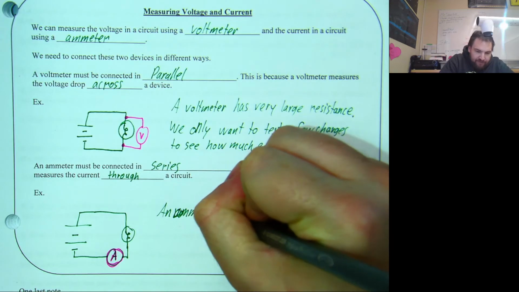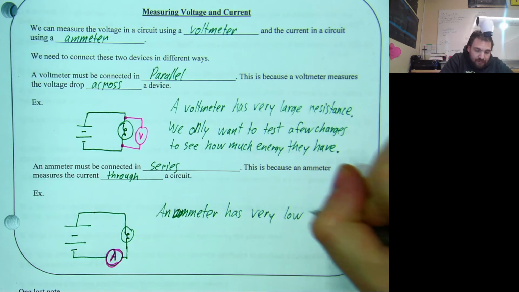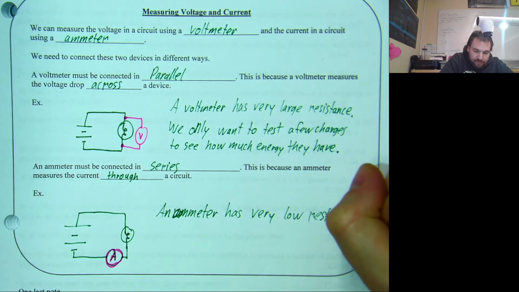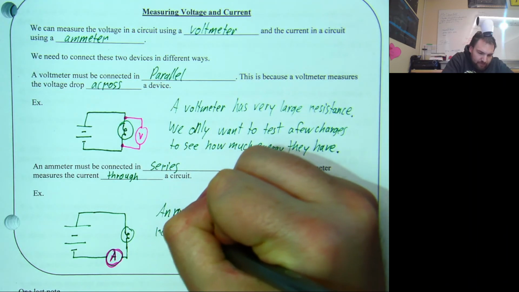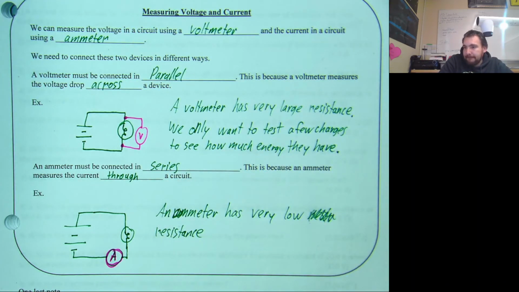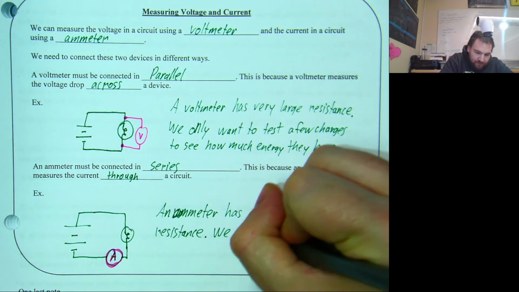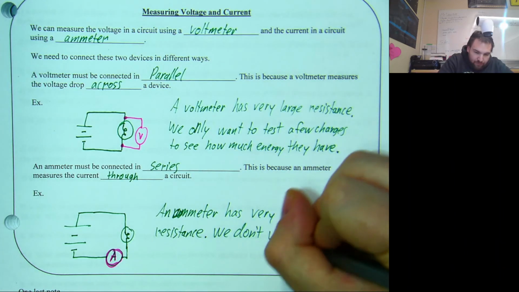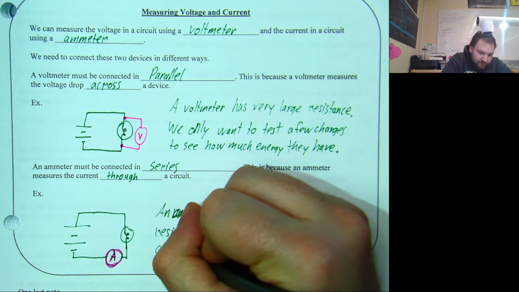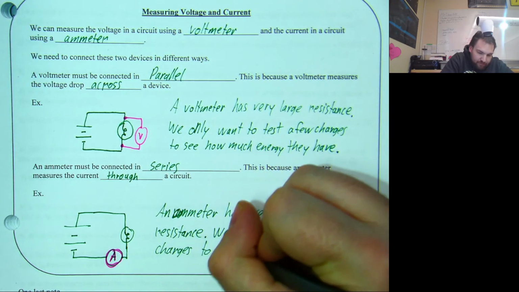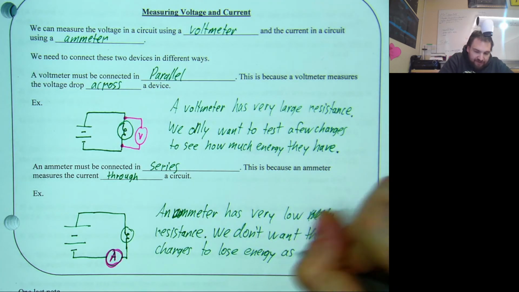And an ammeter has very low resistance. If I could spell resistance, that would be good. Because we don't want the charges to lose energy as we test their current.